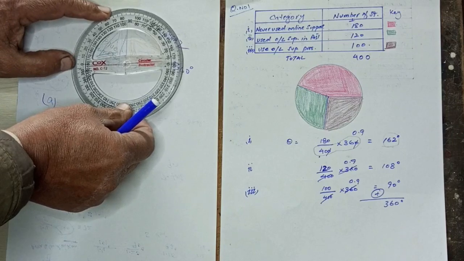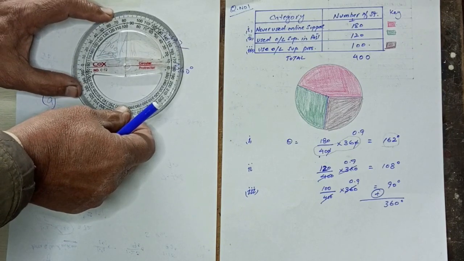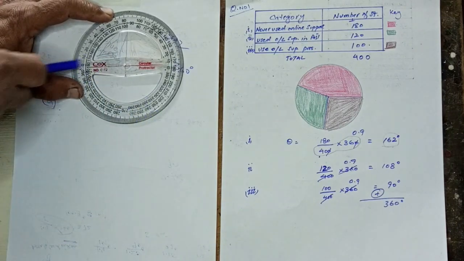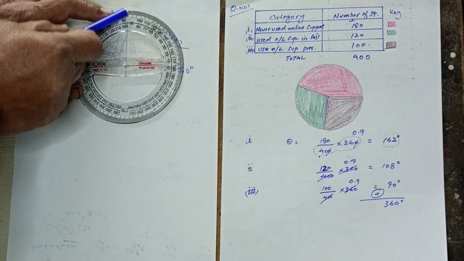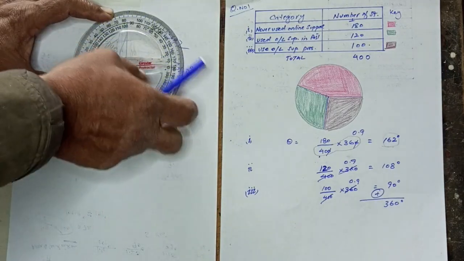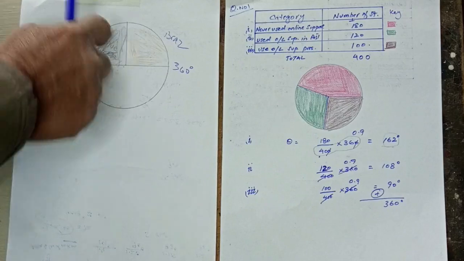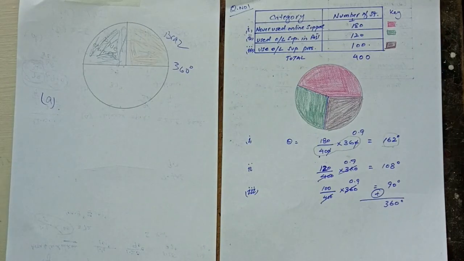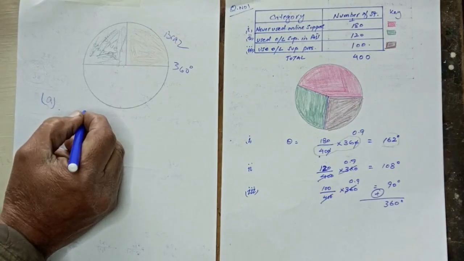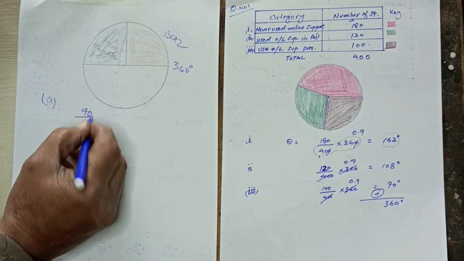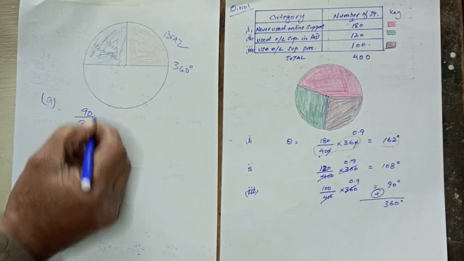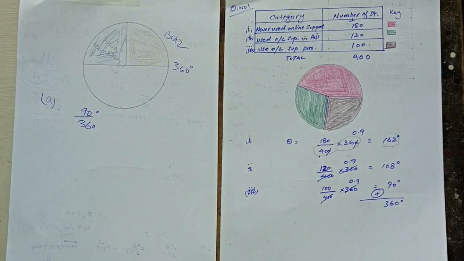We coincide this zero, and you see that this is almost 90-degree. So when it is 90-degree, that means 90 out of 360 degrees.